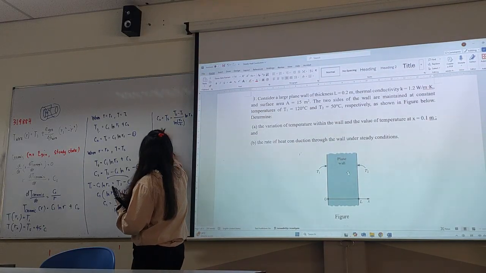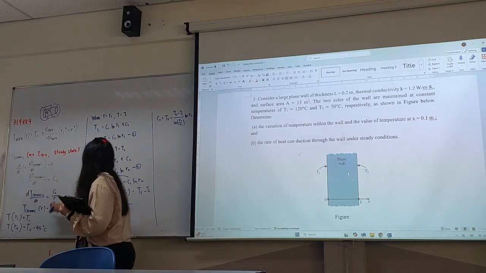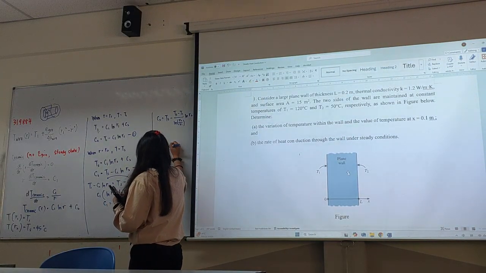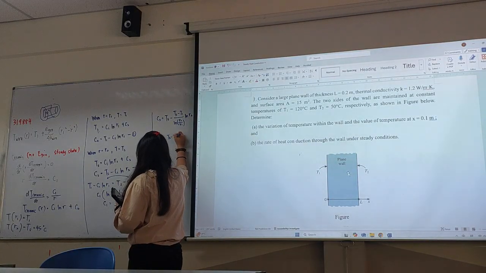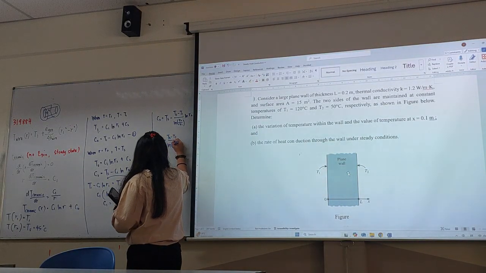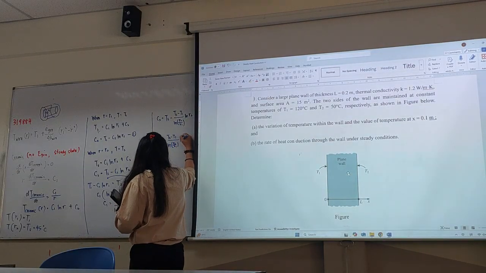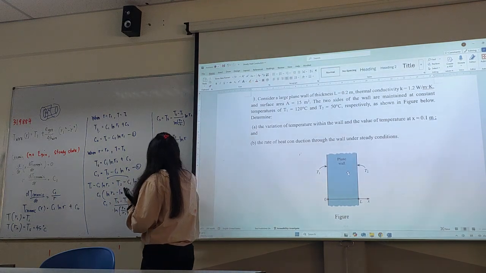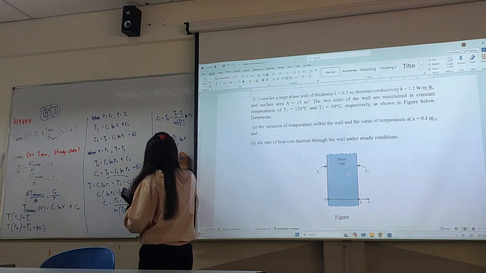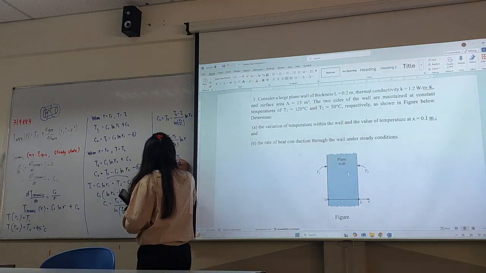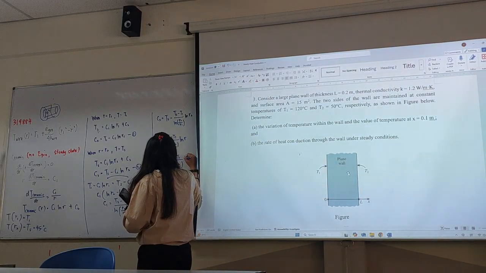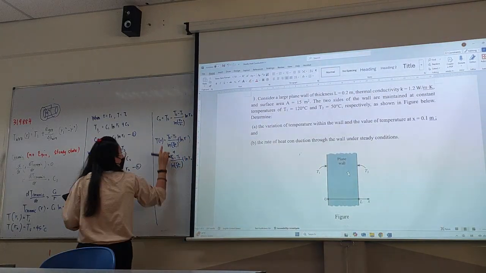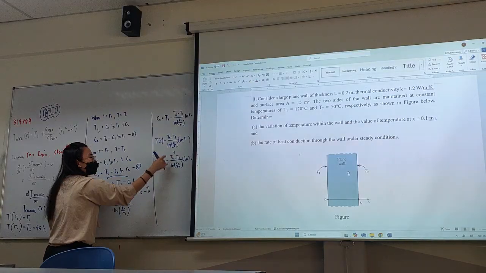You get your C1 and C2, and substitute them inside the equation. So now T(R) equals C1 ln R plus C2, where C1 is (Ts minus T1) over ln(R2/R1), and C2 is Ts minus that term times ln R2. These two terms are the same.